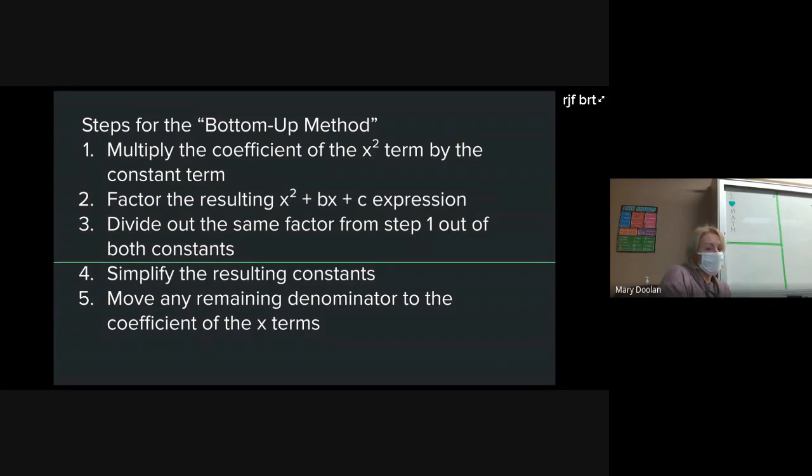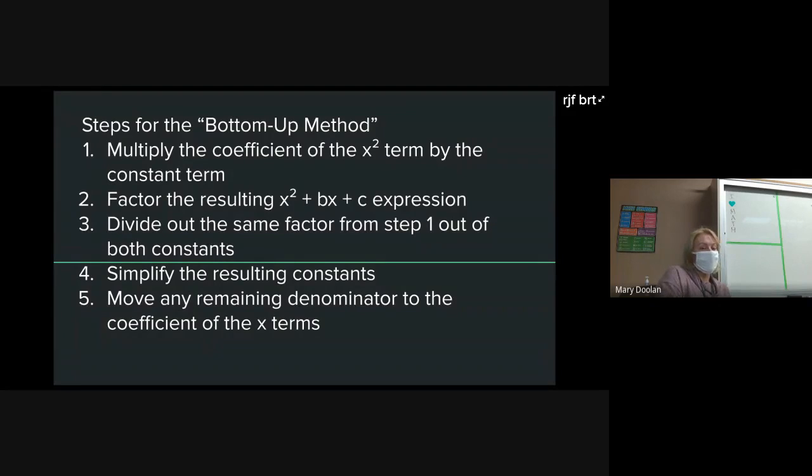Step 3, because of step 1, you have to do step 3. So if you multiplied by this number, you have to divide it out so you put your equation back in balance. We're going to divide out the same factor from step 1 out of both constants. So once you've factored, you're going to have 2 binomials, and then each of those binomials has a constant term. You would divide out whatever you multiplied by from both of those numbers.